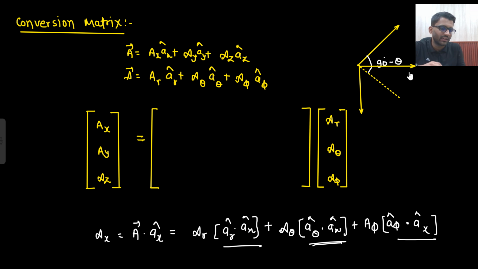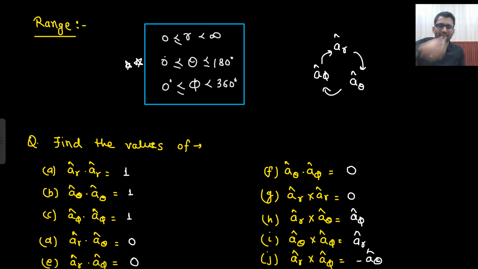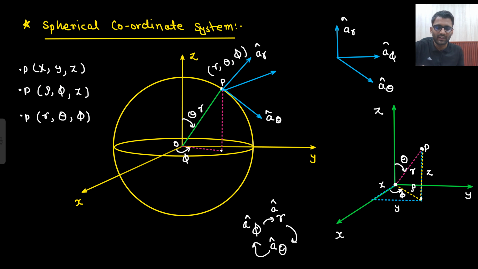This was your xy, and this was your R. Actually, R I can show something like this. R was somewhere here, it is in the air. It would be very tough to show in the air. How can I show it? Let's go directly here. This is your R.